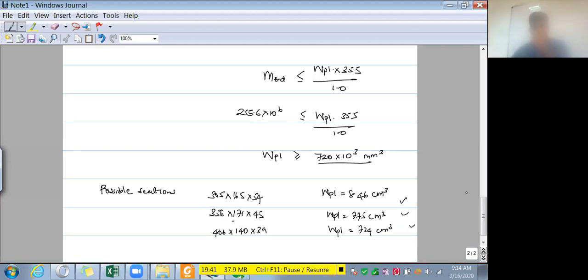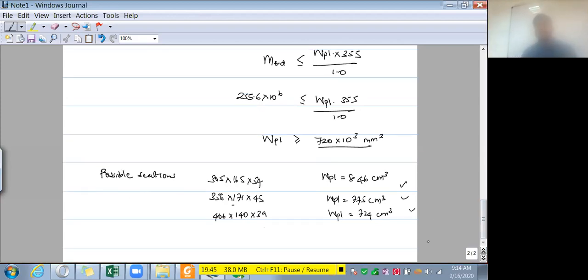So we have three choices. Among these three choices, obviously our selection will be the lightweight one. Whichever gives us the lighter weight, we will choose that. So among these three, this is the most lightweight. This is about 39 kilogram per meter. This is 45 kilogram per meter. This is 54 kilogram per meter.